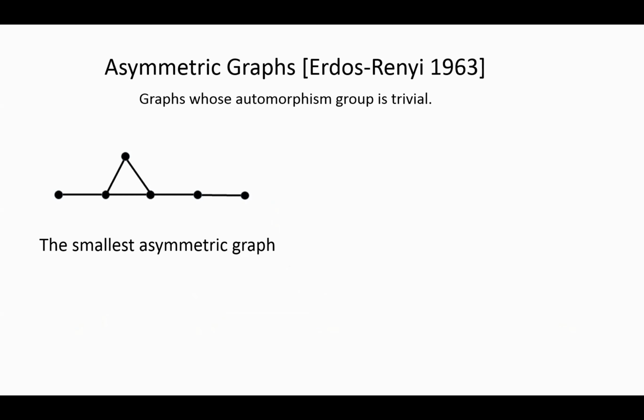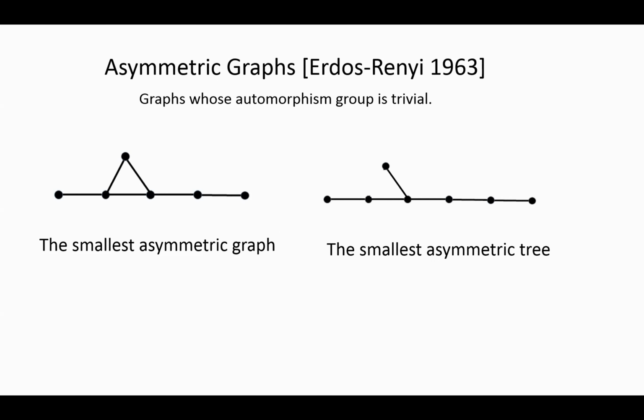All graphs with 5 or fewer vertices are not going to have this property. We also have the smallest asymmetric tree. We've got a vertex of degree 3, and stemming from that is a path of length 1, a path of length 2, and a path of length 3. This graph is asymmetric.